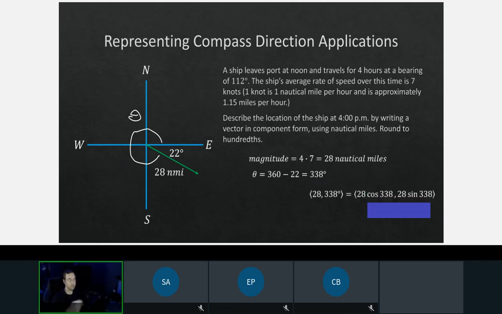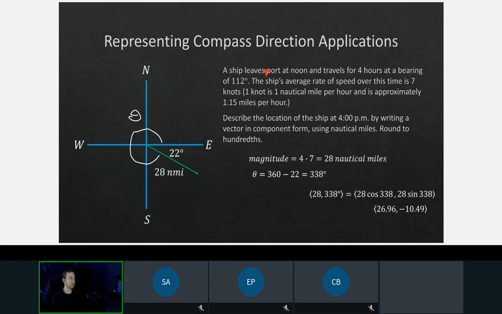You just type that in, hit enter, and it wants us to round to the nearest hundredths, like it says in this last line here. So here is magnitude and direction form, and here is component vector form.